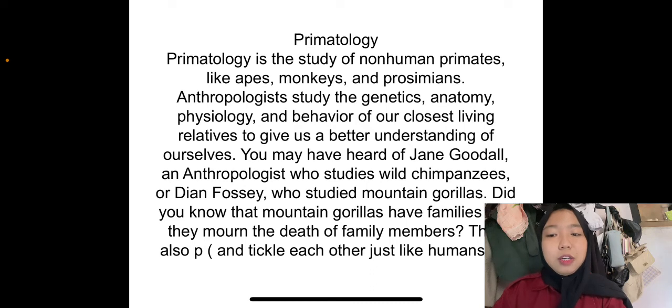You may have heard of Jane Goodall, an anthropologist who studied wild chimpanzees, or Dian Fossey, who studied mountain gorillas. Did you know that mountain gorillas have families and they mourn the death of family members? They also play and tickle each other just like humans do.